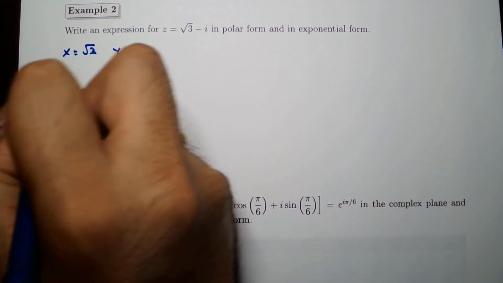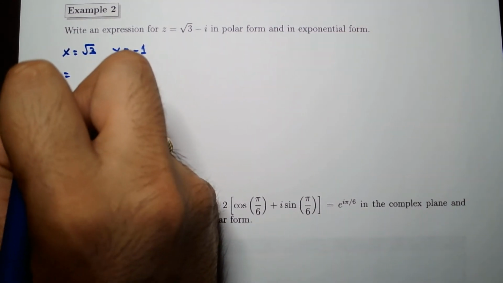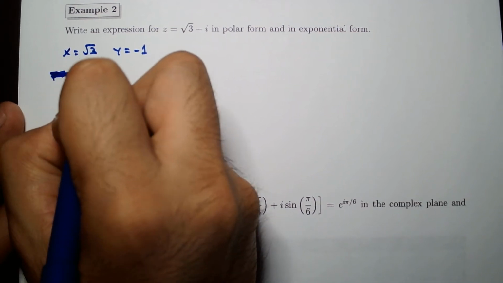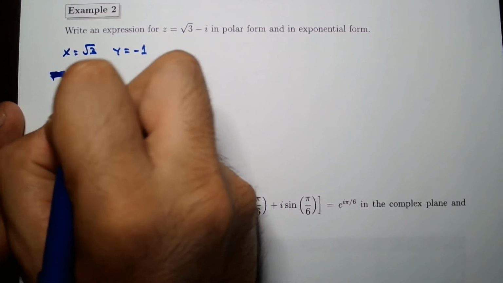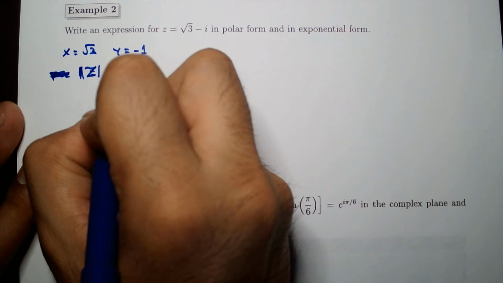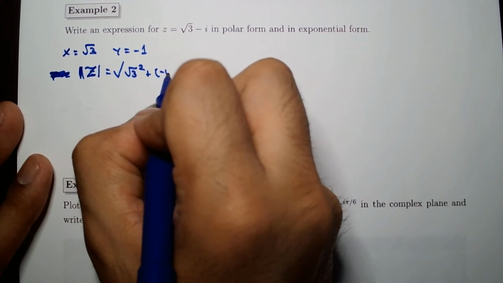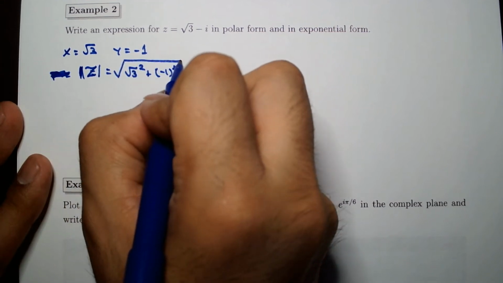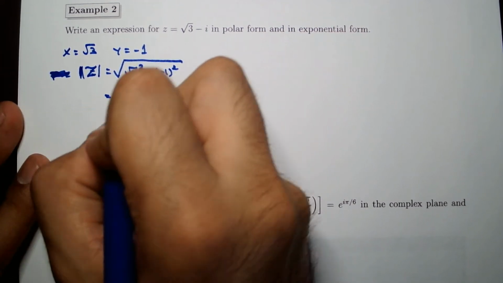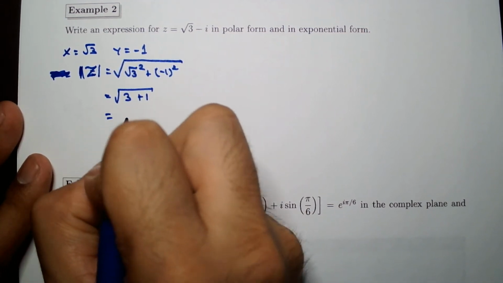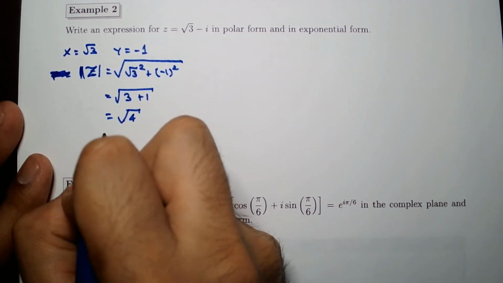Well, it's not the radius, it's actually, in this case, the magnitude or the modulus, which is the square root of 3 squared plus negative 1 squared. And in this case, that's the square root of 3 plus 1, and that's the square root of 4, which equals 2.